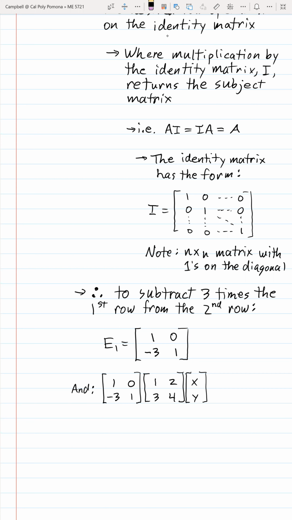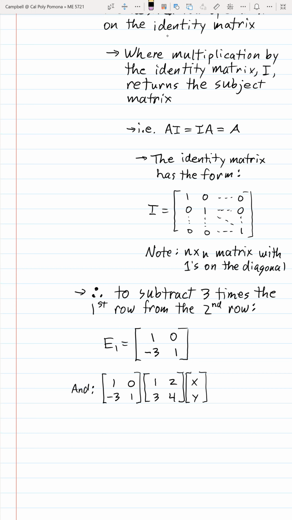Then over here, I'm going to get clearly just a 2, so that just reproduces the first row in the matrix once I multiply everything on out.